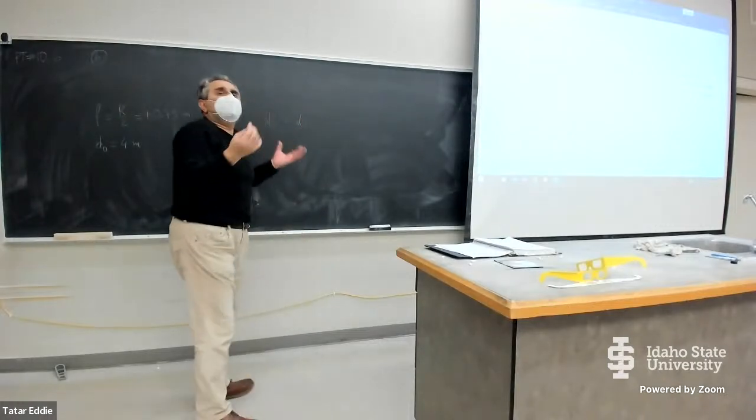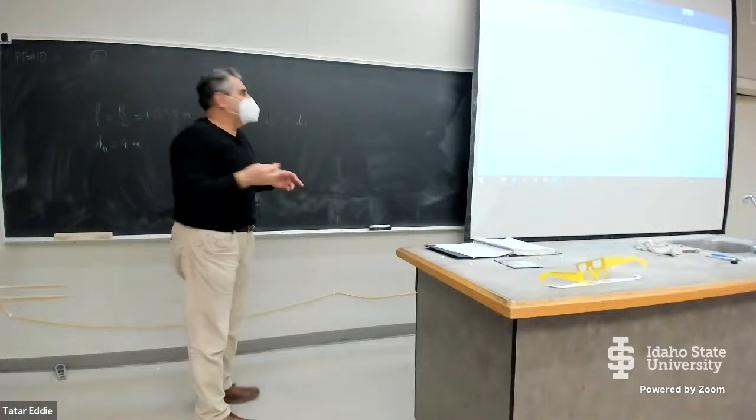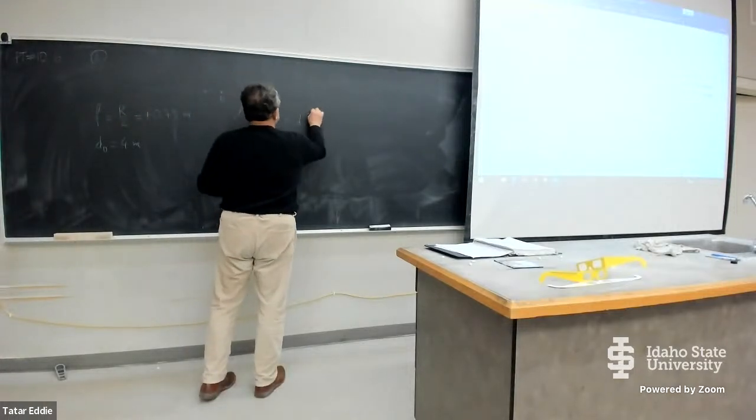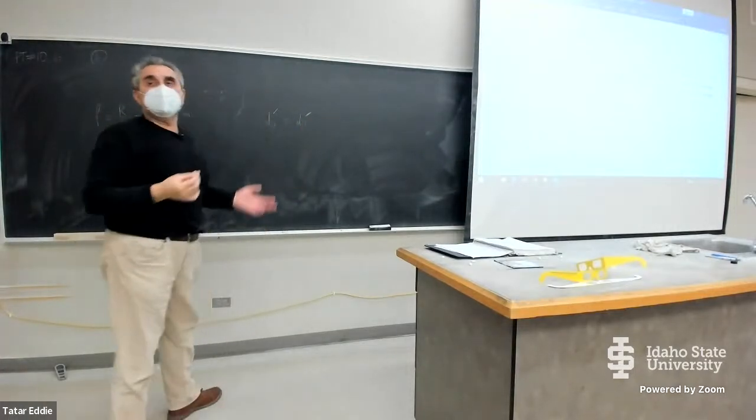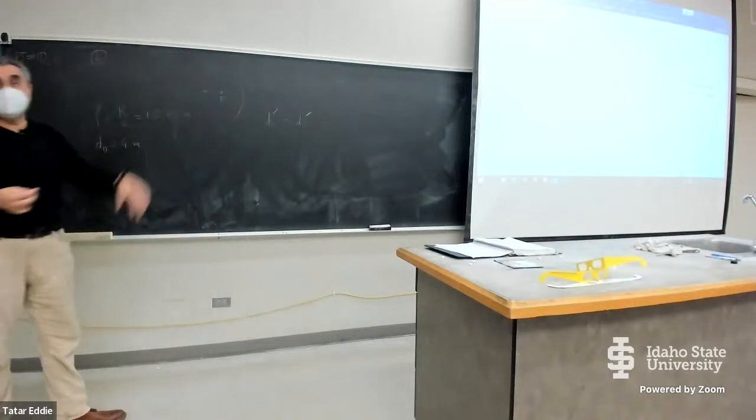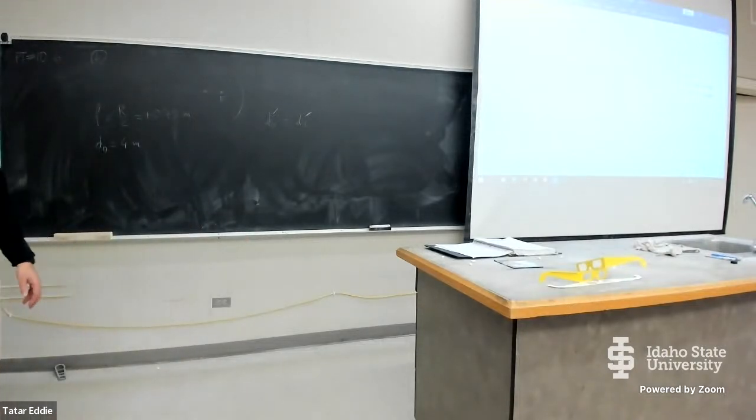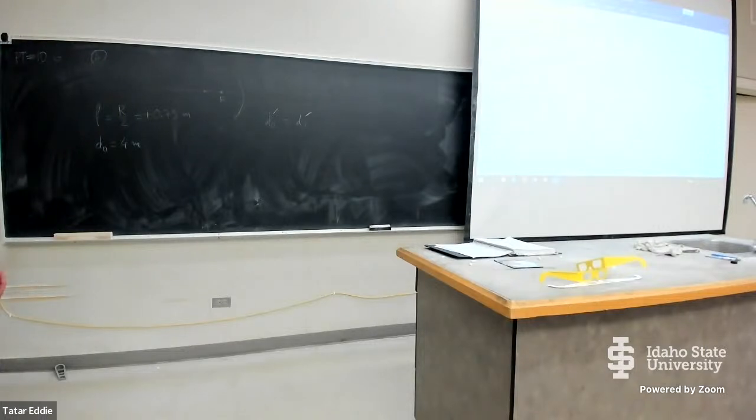Since it is a different location of the object and the image, I'll prime it to make a distinction between this 4 meters and what they're telling you. The object and the image are on the same spot.